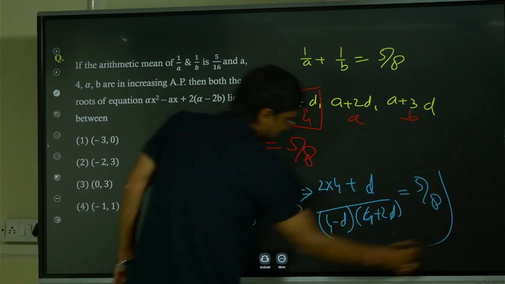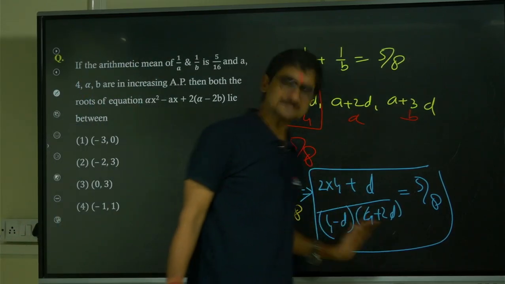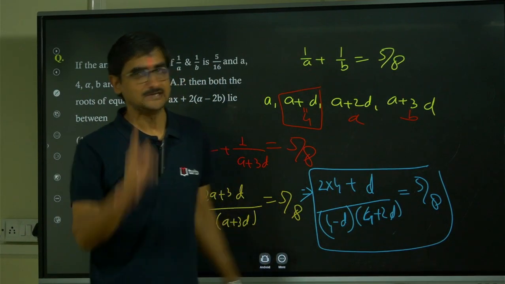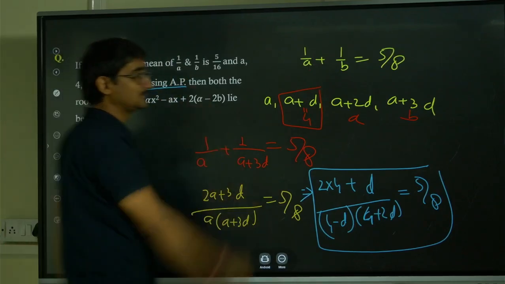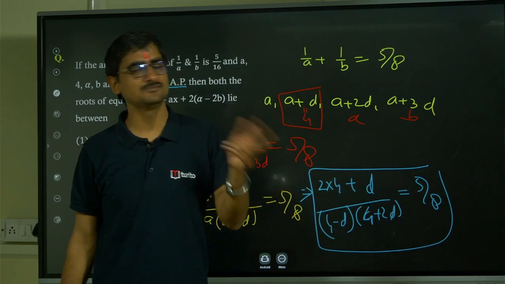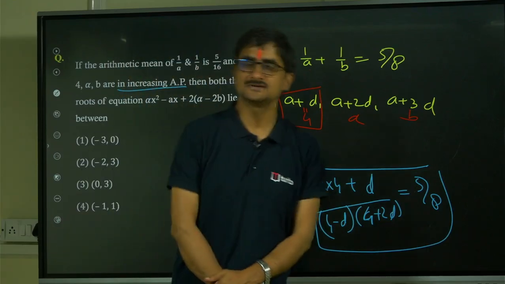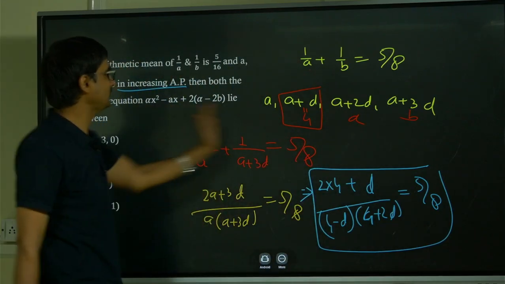Now you solve it, a quadratic in d, cross multiply, whatever. Remember it's an increasing AP, so d has to be positive. Most likely, since it's a quadratic, we will get one positive, one negative d. The positive d will help us, and once you have the value of d, you have everything here.